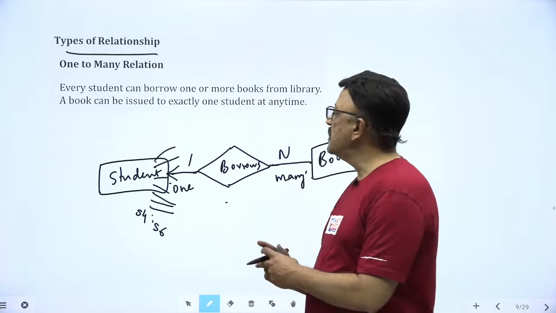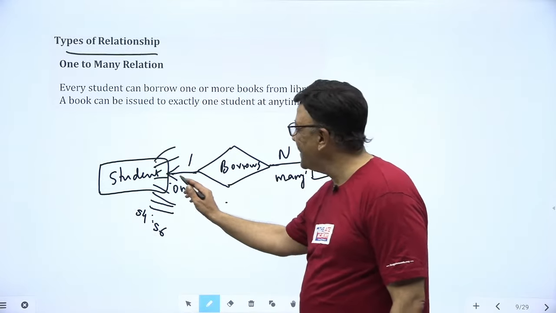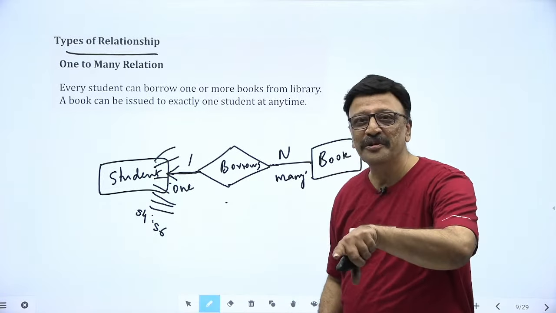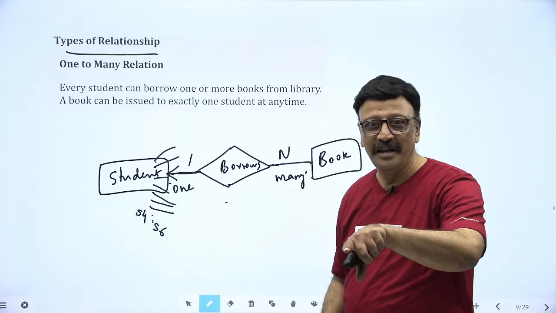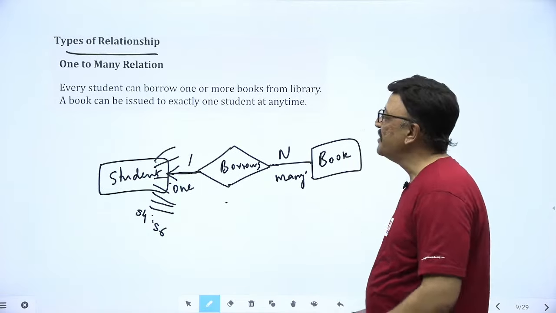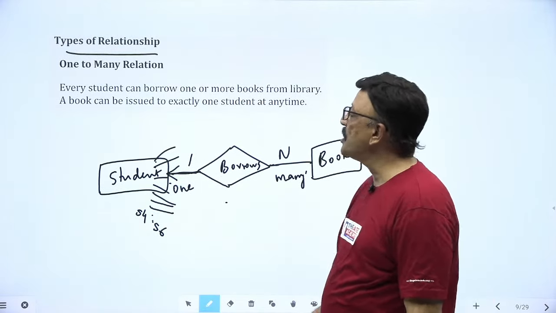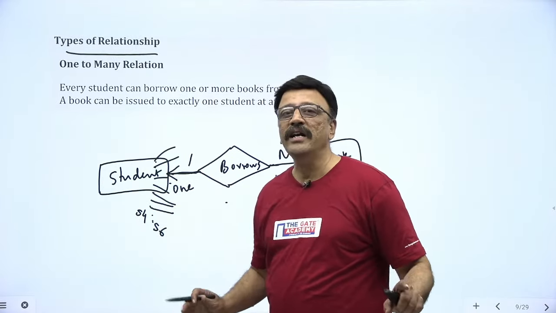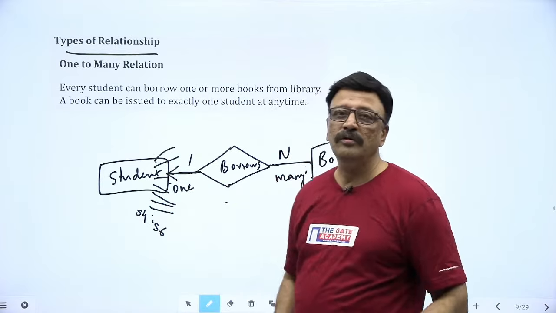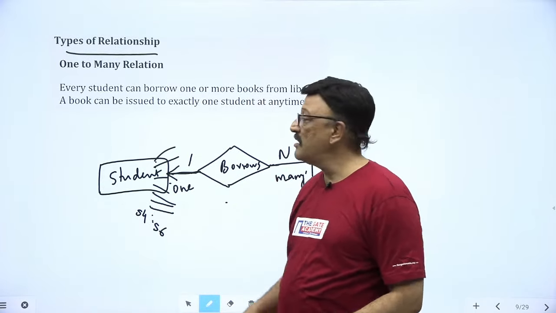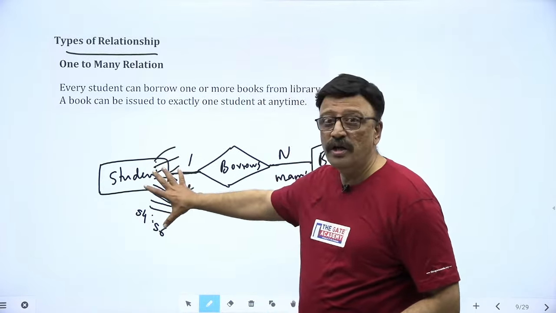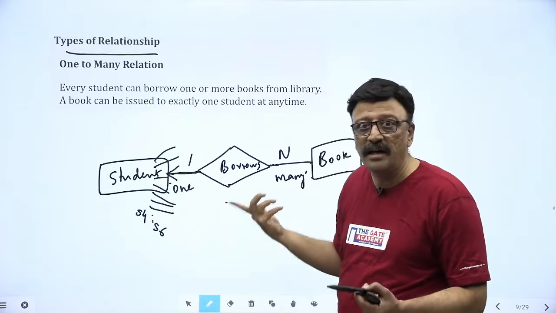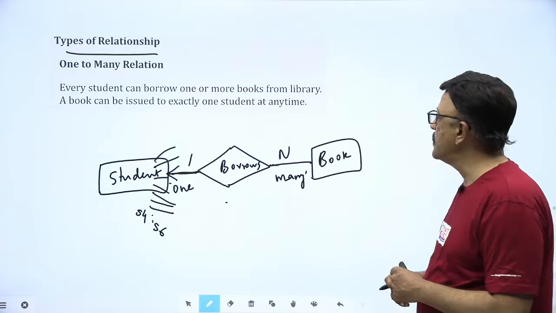Then this line is kept as a single line. So there is a double line also. Yeah, there is a double line. We will come to that. But whenever you see a single line, you say, okay, that means this is partial participation. It is not needed that all students must borrow a book. If there are, say, 1,000 students in our institute, then there might be some students who never participate in this relationship. They never borrow a book.